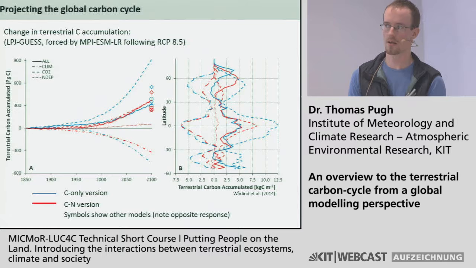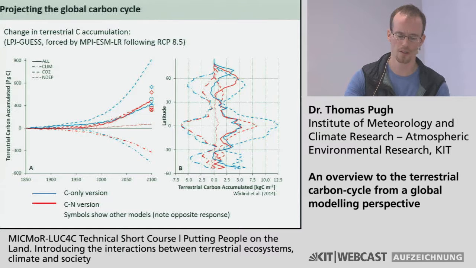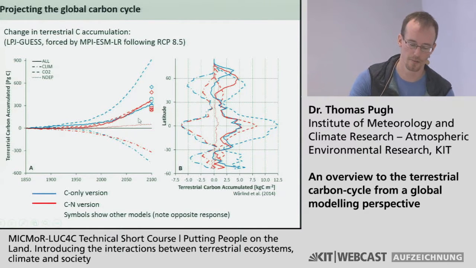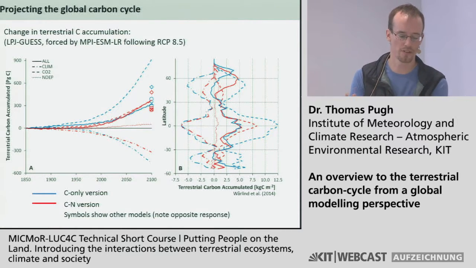And this is primarily due to the effects of temperature on respiration. So at the higher temperatures, we're getting much higher respiration in soils particularly, and lower soil carbon stocks. And when you do both, you get this blue line, which is partially covered here, which is much smaller than the CO2 effect alone, but you can see it's positive and quite large, at least in our model.